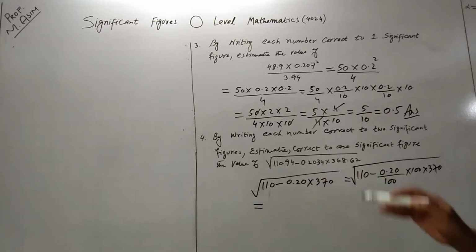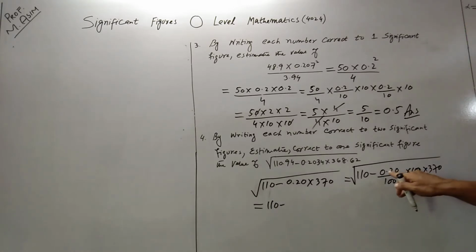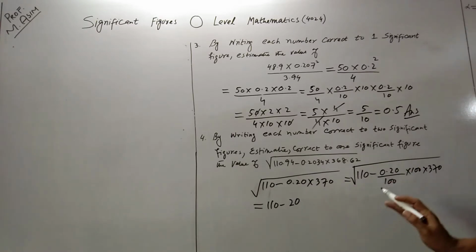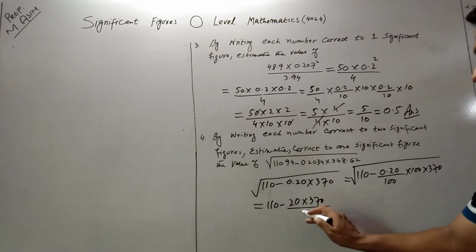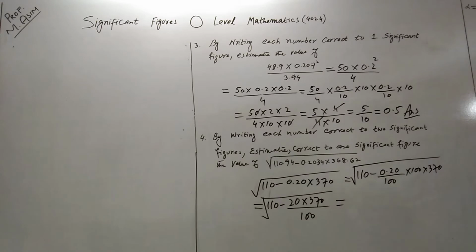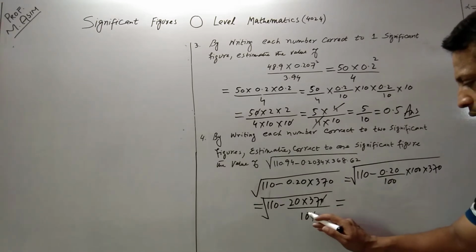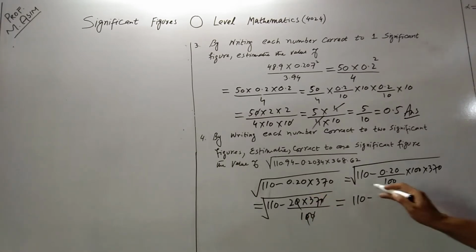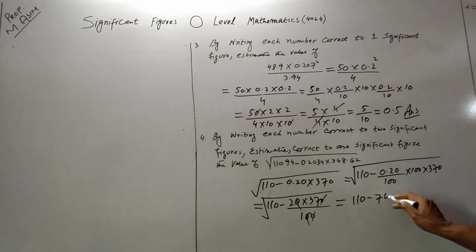Now 110 minus 0.20 into 100 becomes 20, into 370 upon 100, square root. See carefully, this 0 cancels by this 0 and this 0 cancels by this 0. So 110 minus 37 twos are 74.